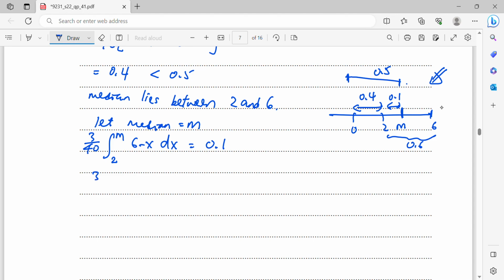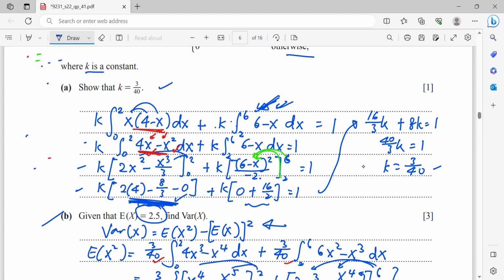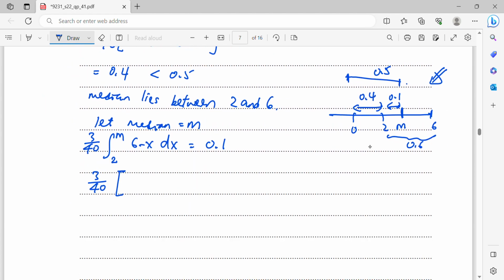So now 3 over 40, where I can just directly copy the solution for the integration: it will be 6 minus x squared over negative 2, with limits 2 to m equals 0.1.